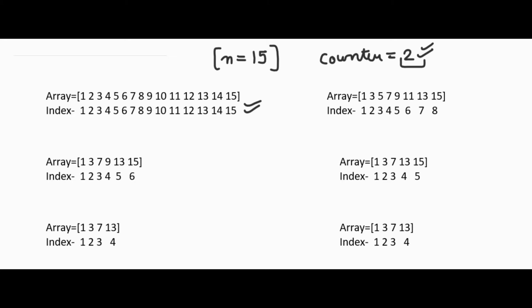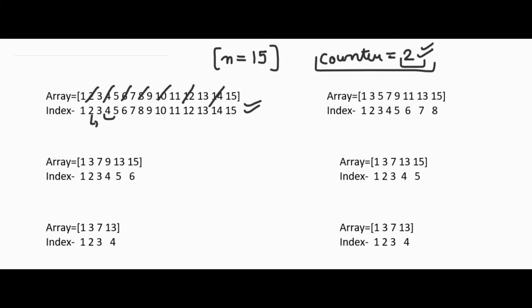Let's see how. At first, we have to delete every second number. So 2 will be deleted, 4 will be deleted, 6, 8, 10, 12, 14. These numbers will get deleted. That means all the numbers whose index value is divisible by this counter value have to be deleted. 2 is divisible by 2, so it will get deleted. 4 is divisible by 2, so it will get deleted, and so on.